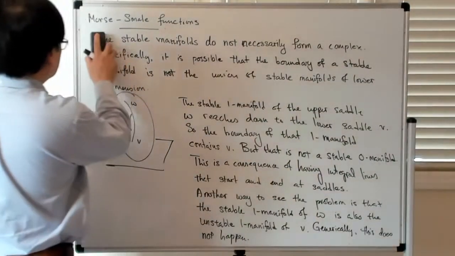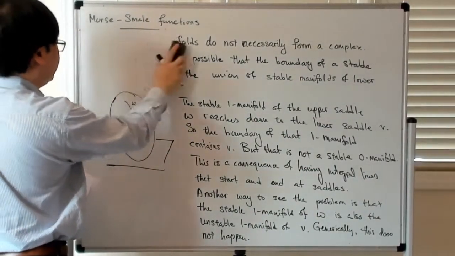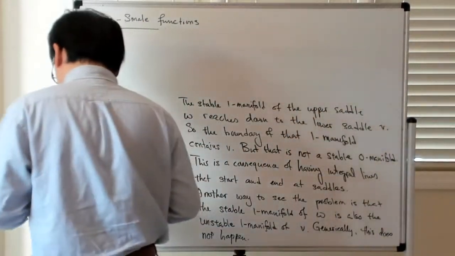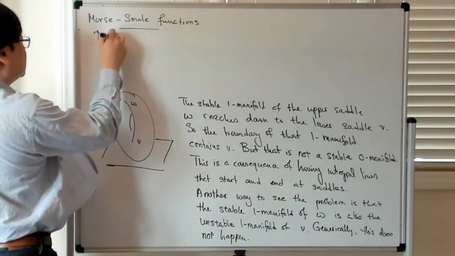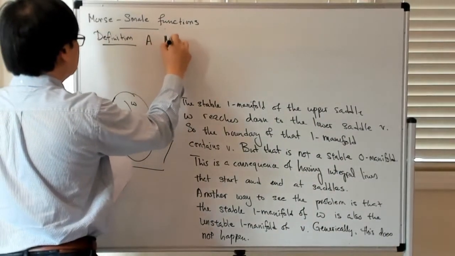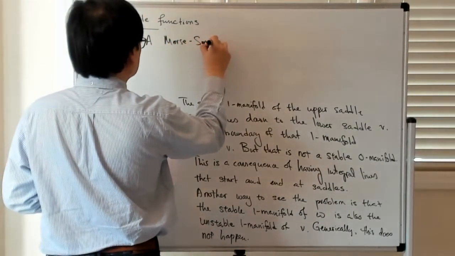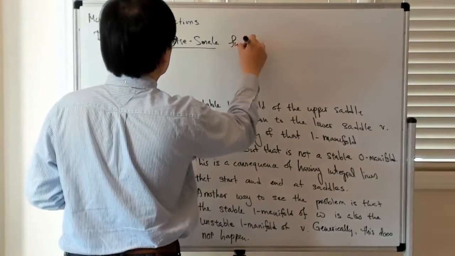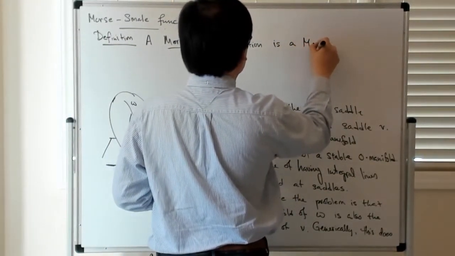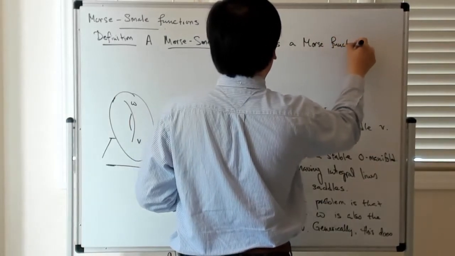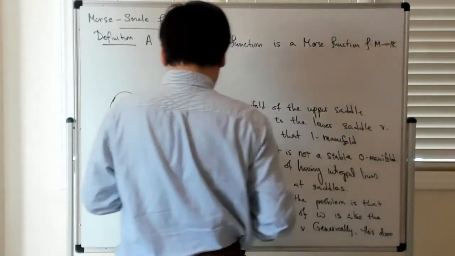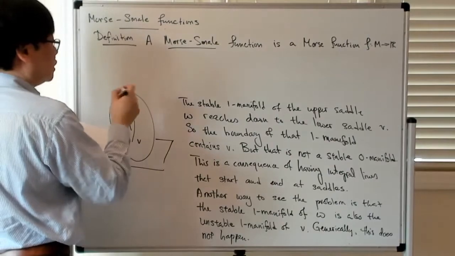So now we're able to define what are called Morse-Smale functions, which have this genericity property. Definition: a Morse-Smale function is a Morse function f, which is a map from M to the reals, whose stable and unstable manifolds intersect only transversely.